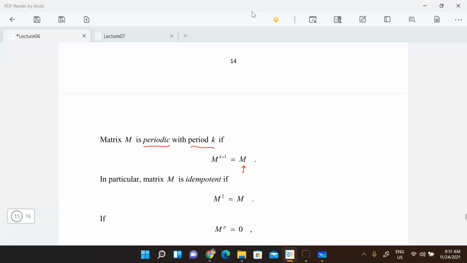So in other words, M to the power of k is not equal to M yet, but once you go to M to the k plus 1, it returns to M. So you can see that this is periodic.